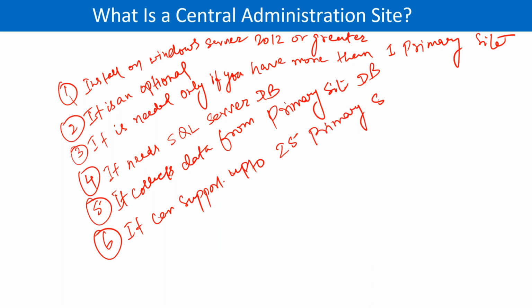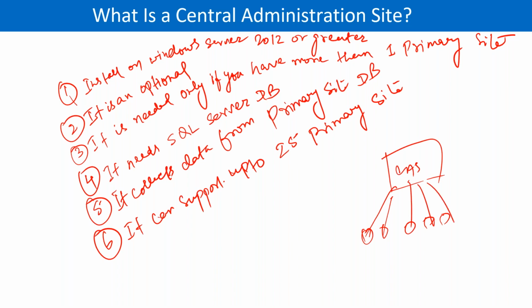How many primary sites can one central administration site have? Let's say you have central, it can have a maximum of 25 child primary sites, not more than that.